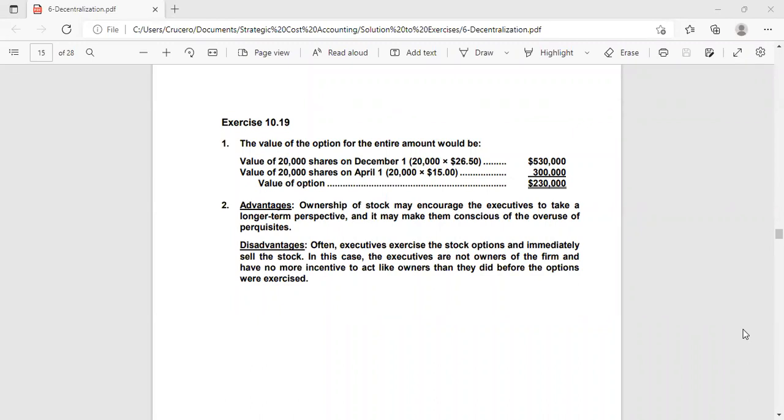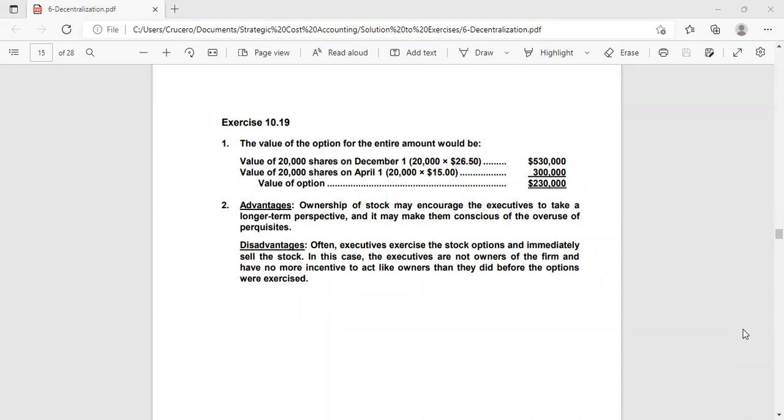Discuss some of the advantages and disadvantages of the Fermat stock option plan. For the advantages, ownership of the stock may encourage the executives to take a longer-term perspective, and it may make them conscious of the overuse of perquisites.